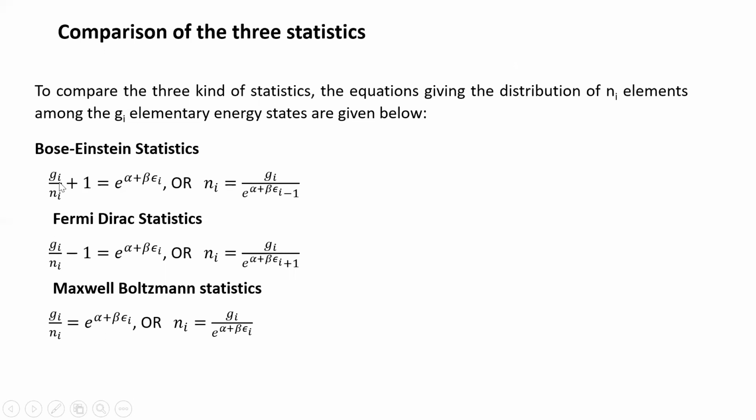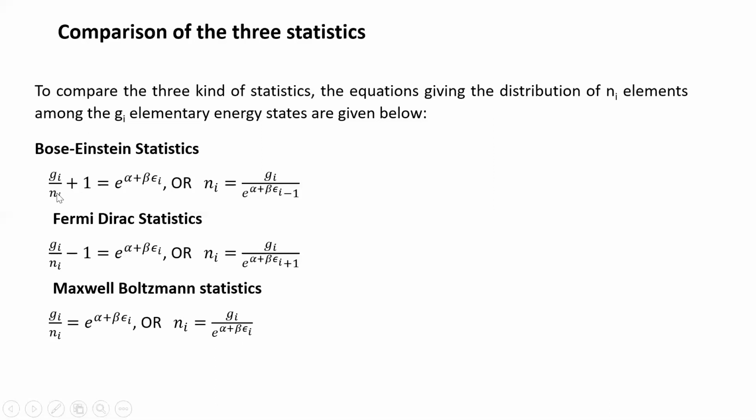From these, it is very clear that if Gi by Ni is very, very large compared to 1, we can say that the Bose-Einstein statistics and Fermi-Dirac statistics approximate Maxwell-Boltzmann statistics.